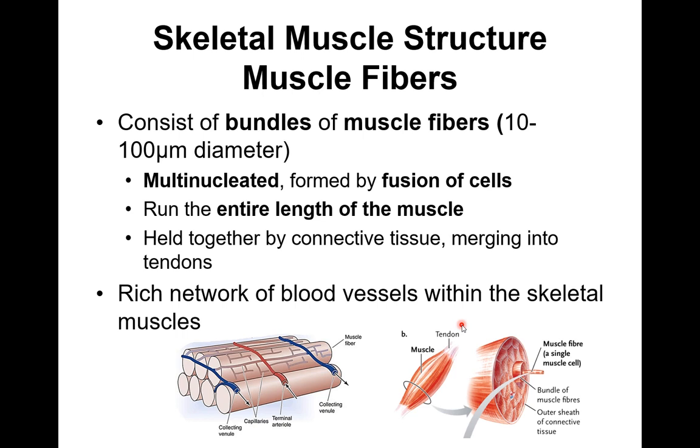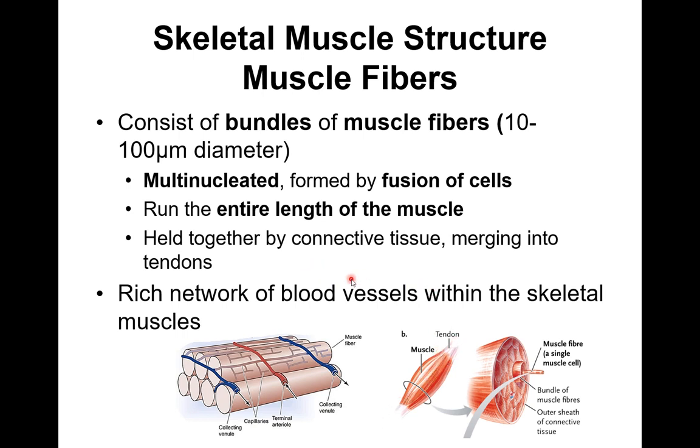During embryogenesis, your skeletal muscles are made by several cells which then fuse together, forming the muscle fibers. When they fuse together, they form these multinucleated cells, which have a cylindrical structure and run from one tendon to the other. So each muscle fiber will run the whole length of the muscle.